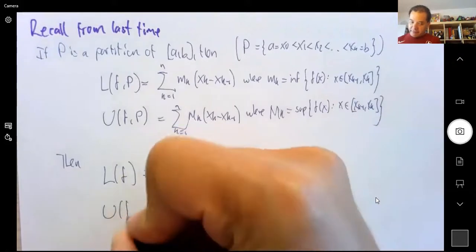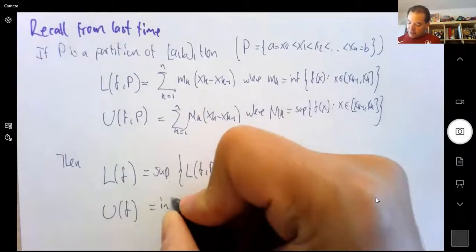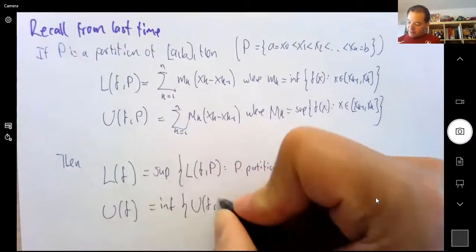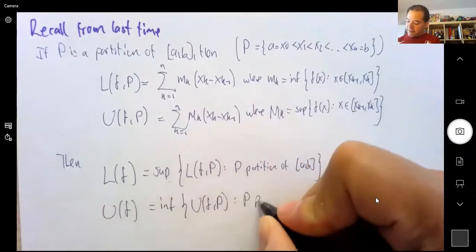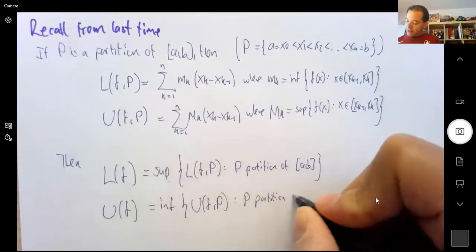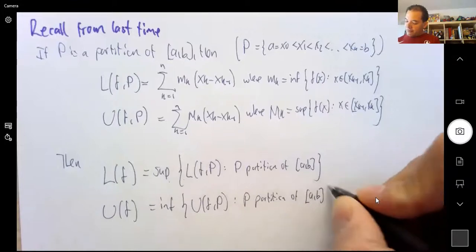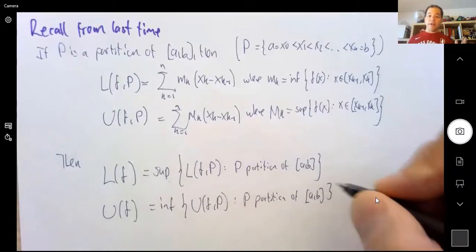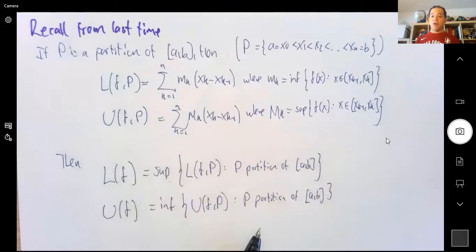And U of f, the smallest of all the upper sums. We also learned that in fact all of the lower sums are smaller than all of the upper sums, and that's important.